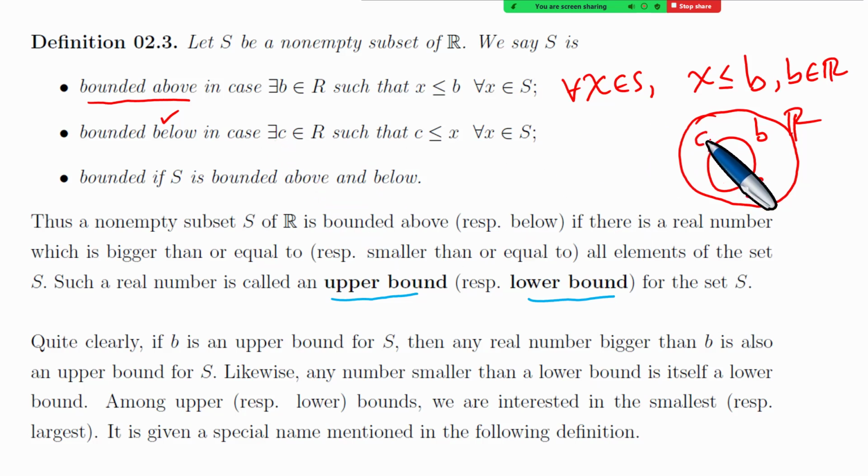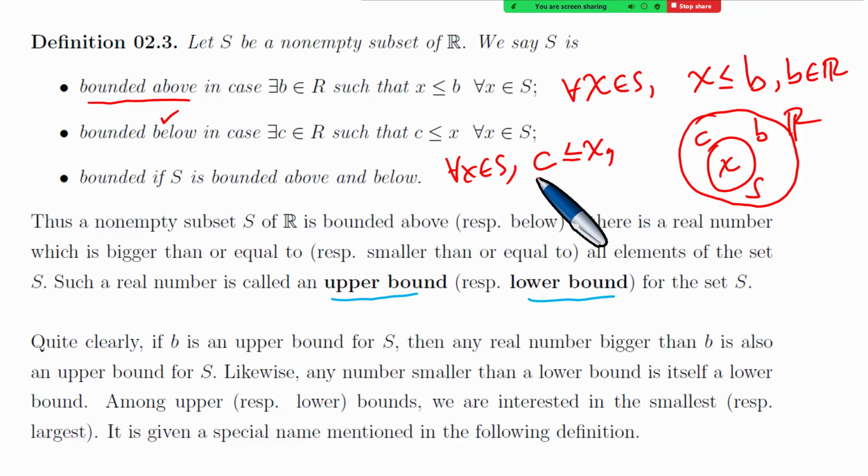So in the same way, we take a C from R such that this C is smaller than the X. For all these X's in S, these X's are all bigger than C. You take all the X's from the set S, all of them, with no exception, all the X's are bigger than what?